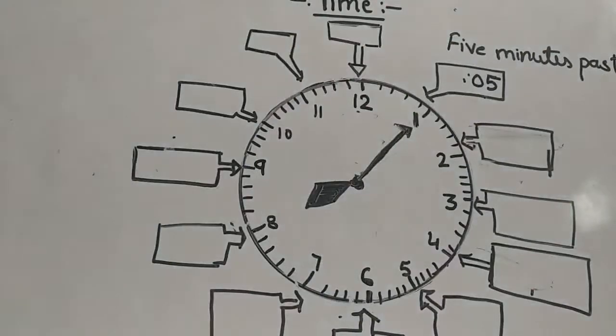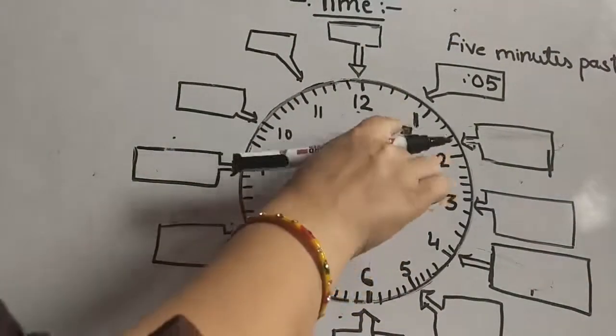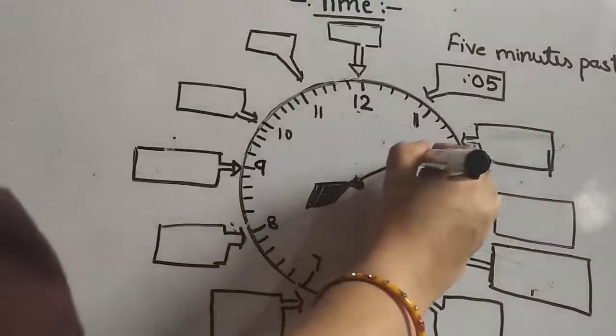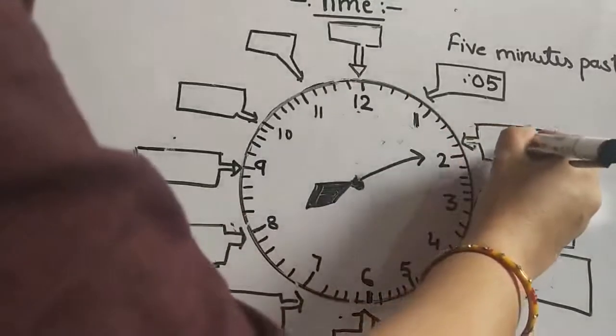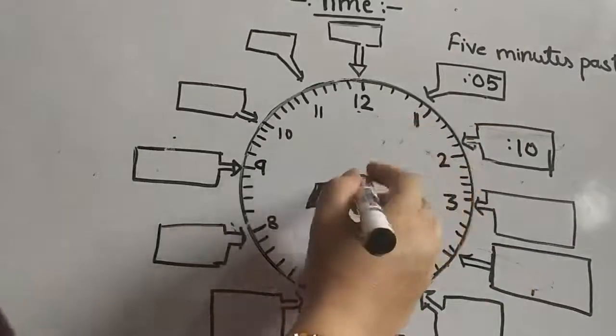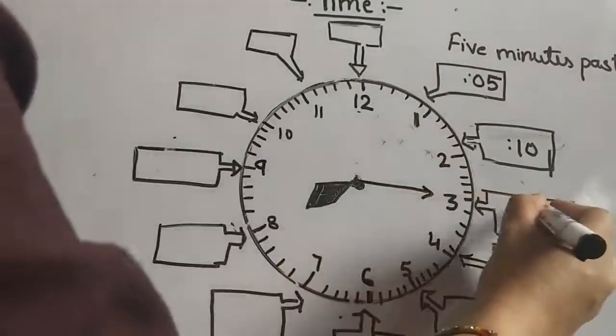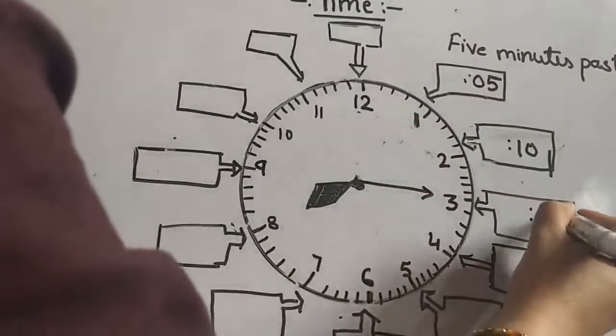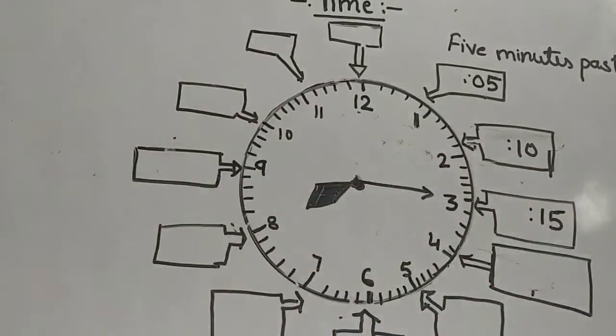Like this, when our minute hand is in 2, so 10 minutes past. Now our minute hand is in 3, so 15 minutes past. It is also called quarter past.